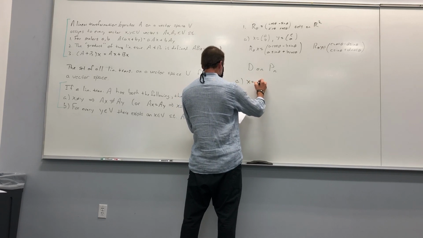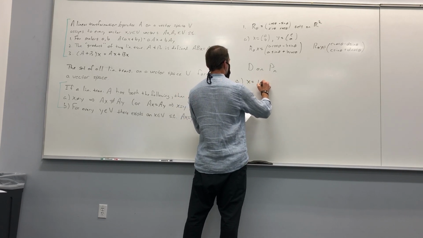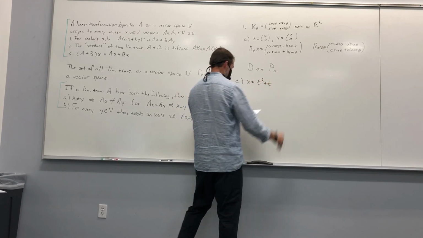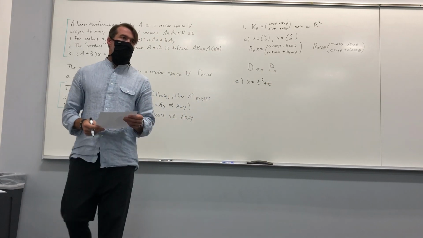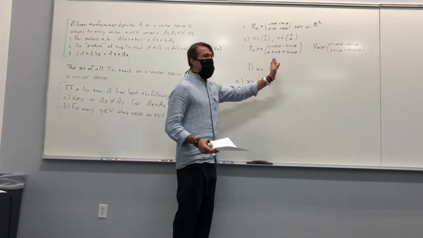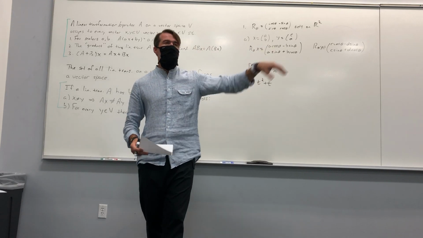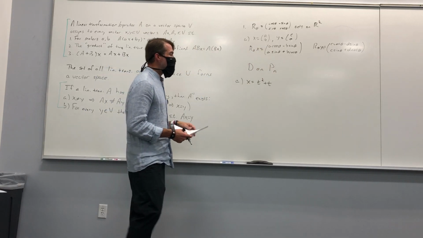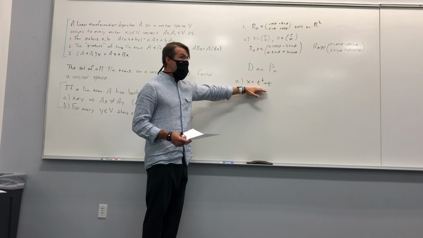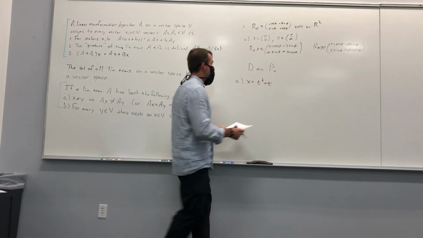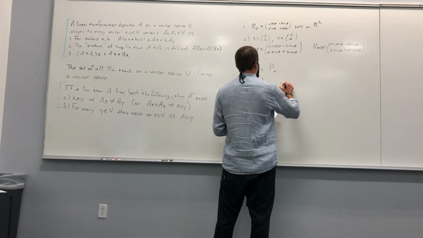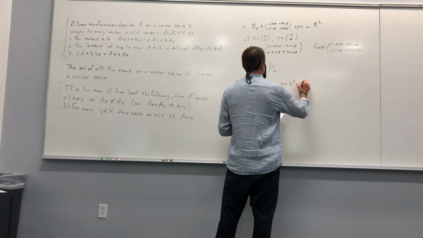Condition A: if I take as my vector starting point t squared plus t, where I'm thinking of a polynomial space where n is at least 2 or larger, it doesn't really matter. If this is a vector on the polynomial space, and y is t squared plus 3.